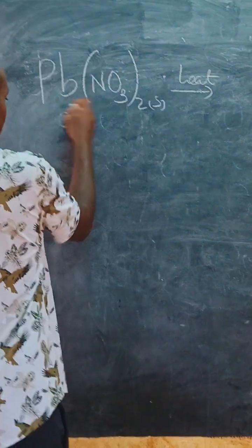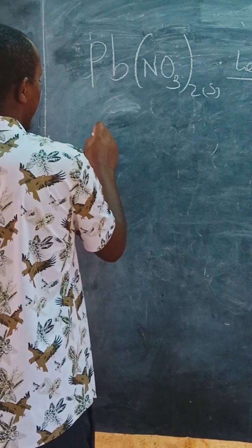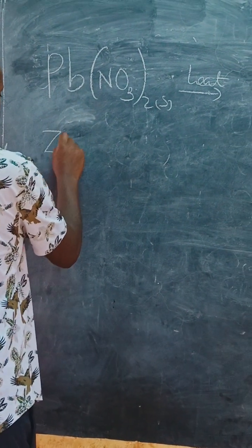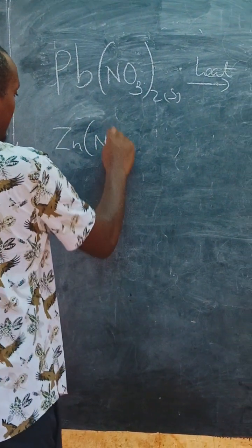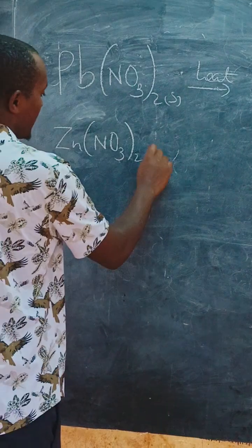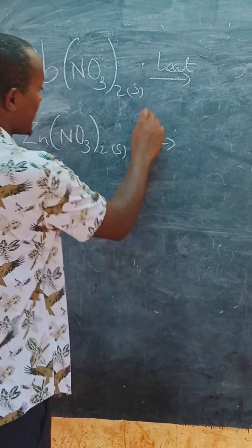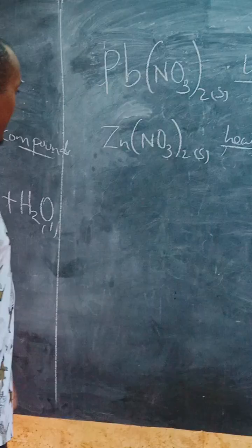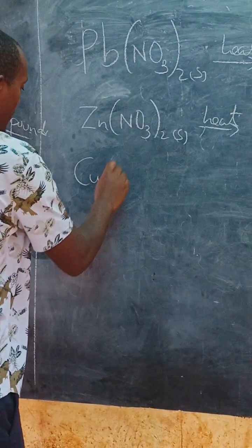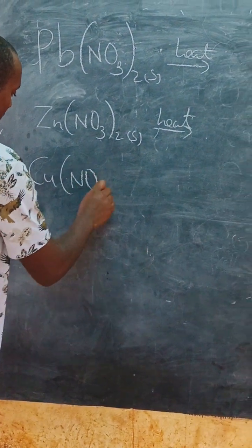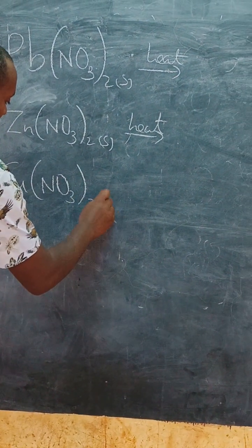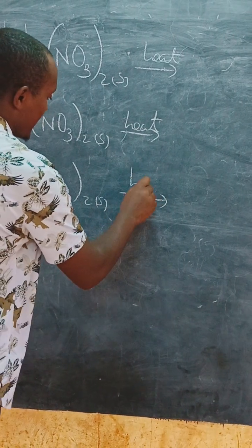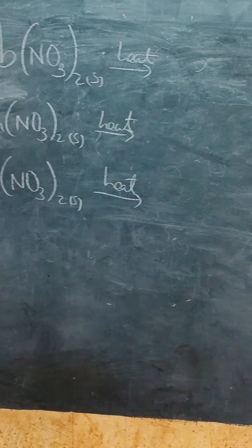I'm going to heat zinc nitrate and copper nitrate too. These are in the middle of the reactivity series, and they give the same kinds of products. They give their characteristic colors so that you understand the different products formed.